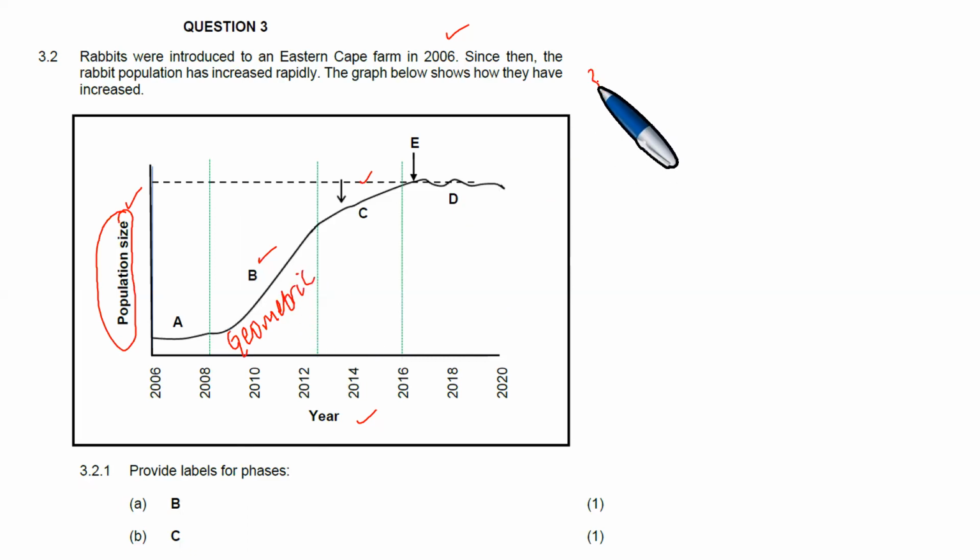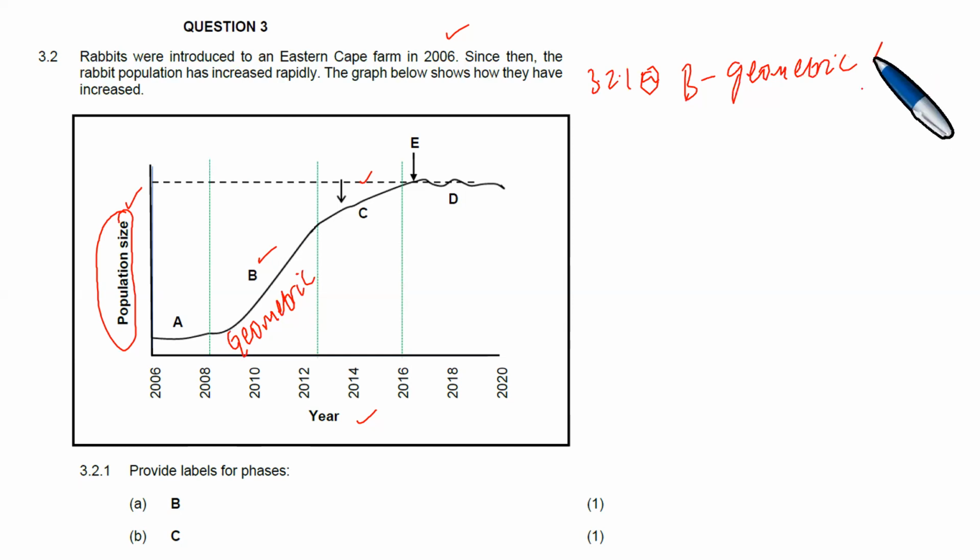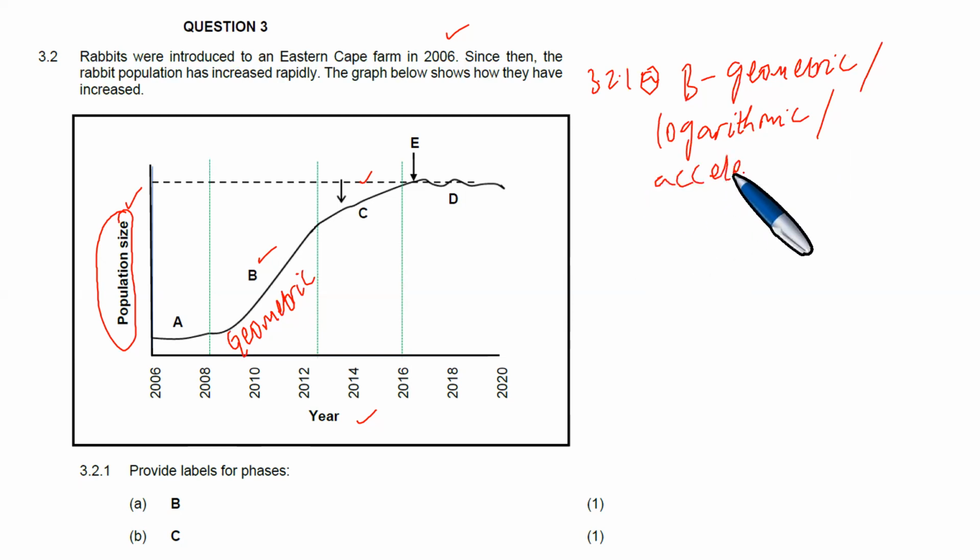So in other words, we're looking at the answer to 3.2.1 part A. In part B, we are seeing a geometric, or logarithmic, or accelerating growth.